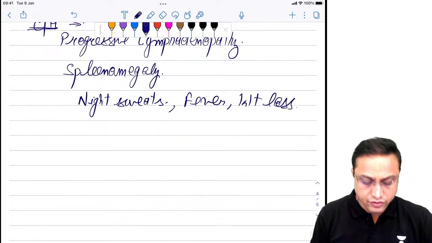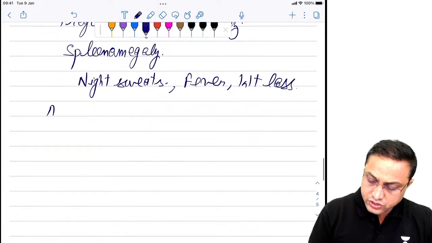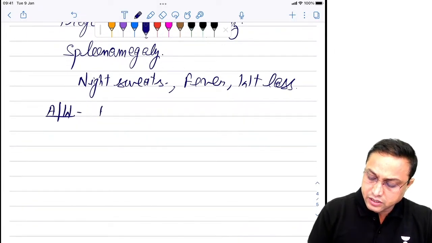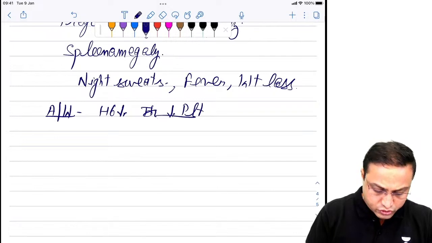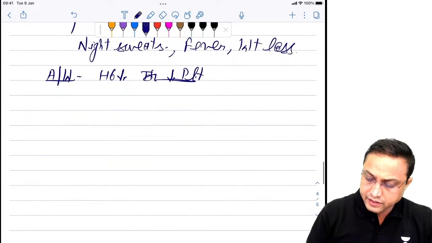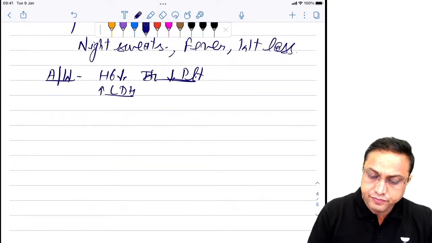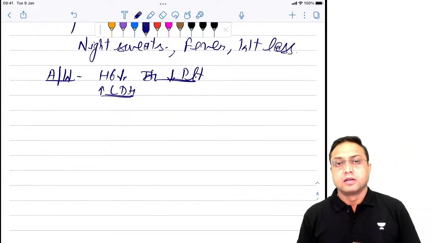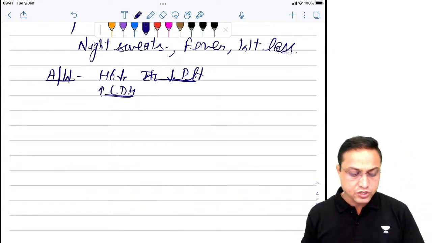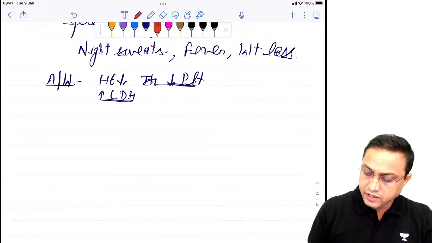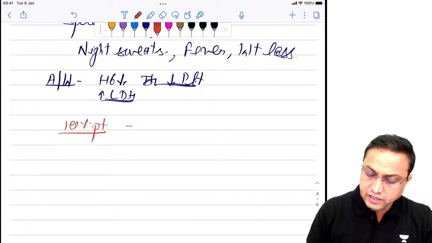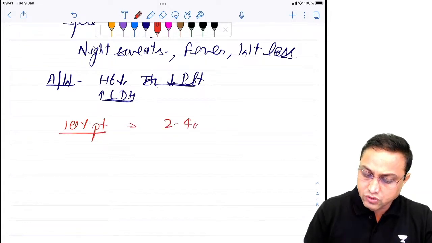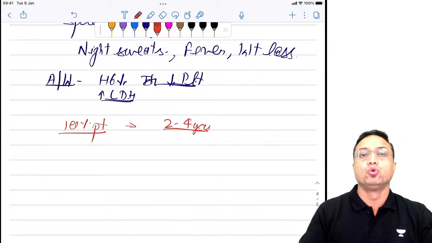Patient can have night sweats, fever, weight loss, and it is associated with, guys, anemia, like a fall in the Hb, right? Thrombocytopenia, so I'm just writing low platelets means thrombocytopenia, right? An increase in LDH levels. So guys, this type of transformation into lymphoma occurs in approximately 10% of the patients, and in general it occurs within 2 to 4 years of the diagnosis, and it has a poor prognosis.